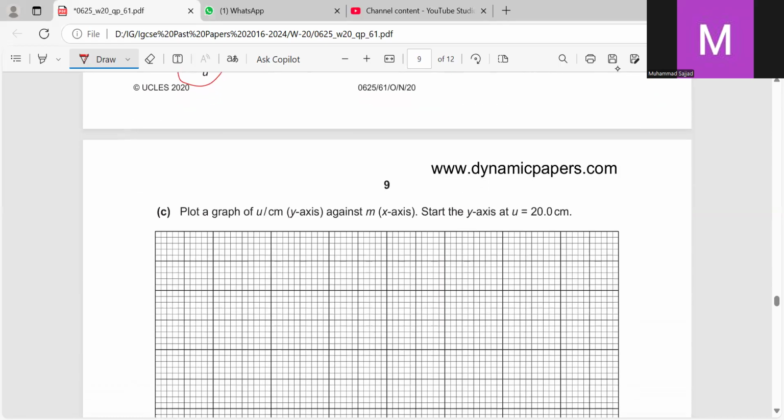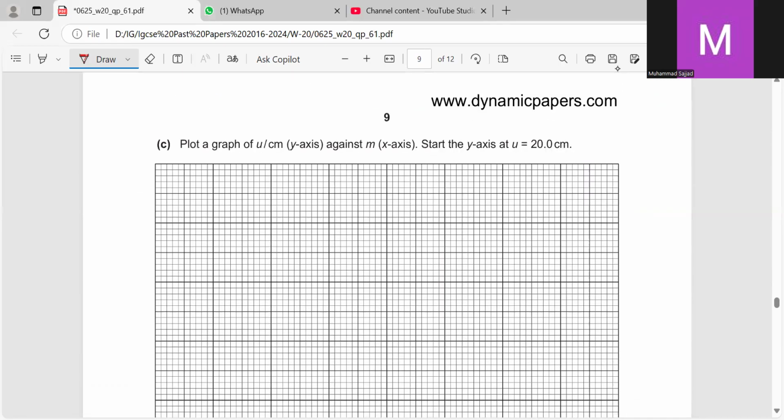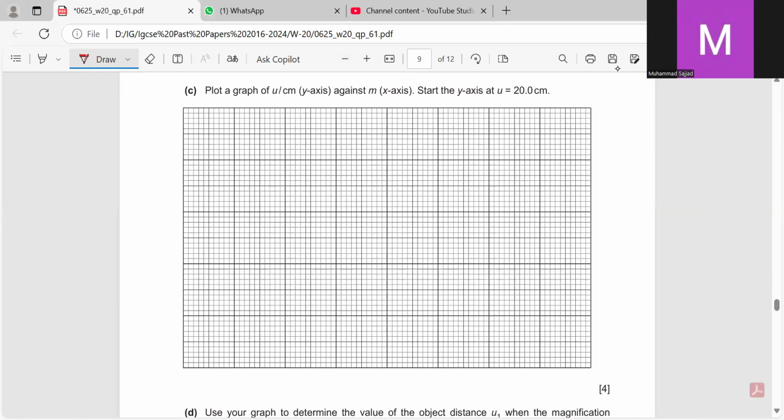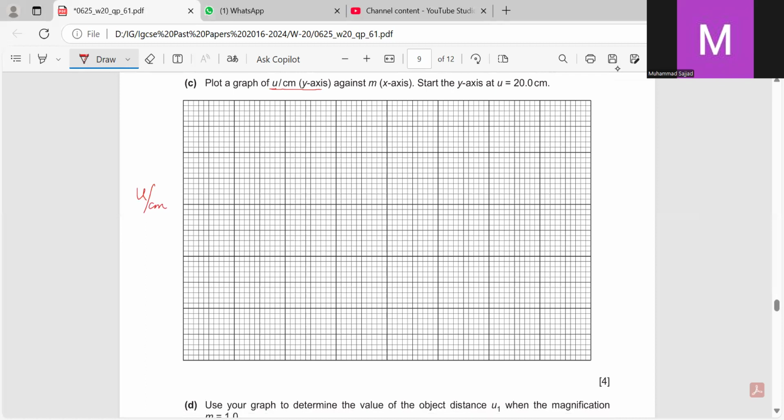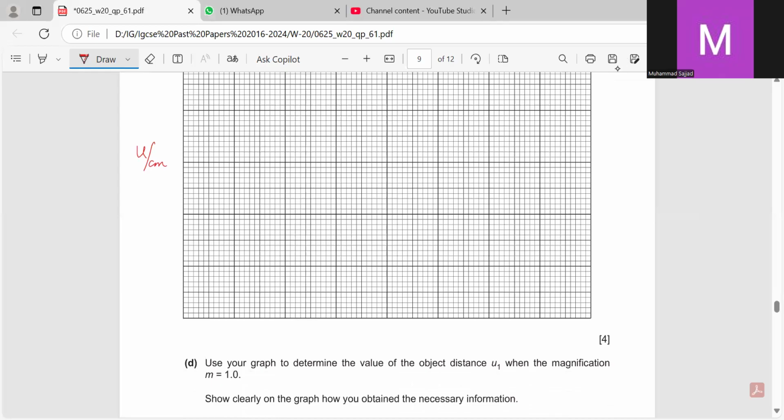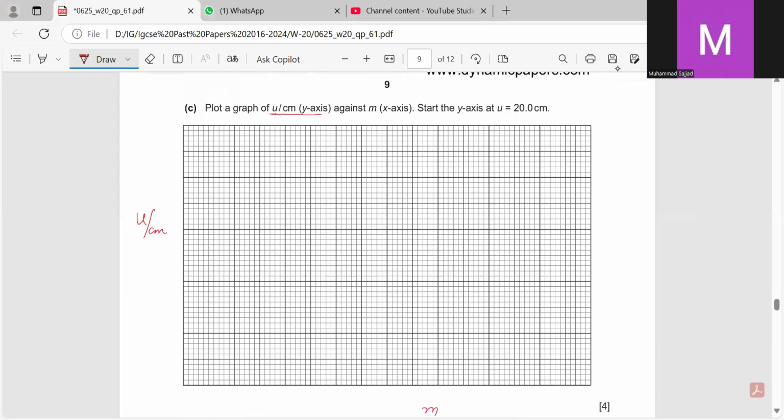Now the next, as usual, we are told to plot a graph of u in centimeters on the y-axis. So never forget to label the axes before starting to plot the graph. So u in centimeters on the y-axis, and magnification without any unit on the x-axis.